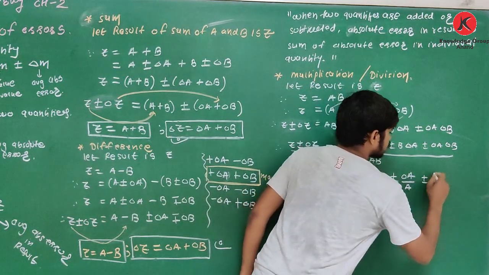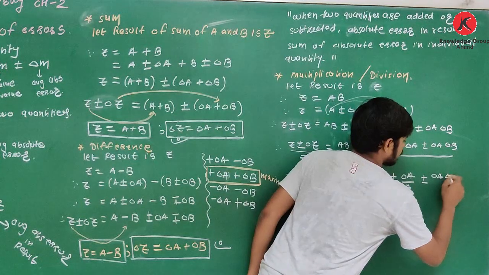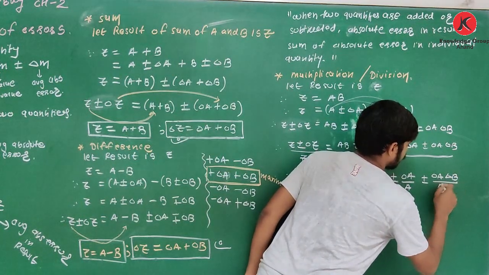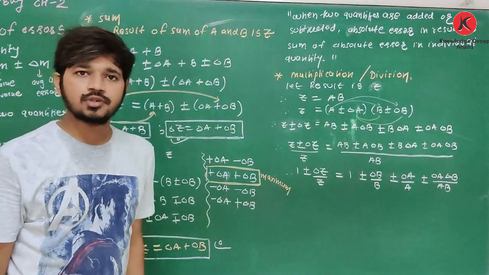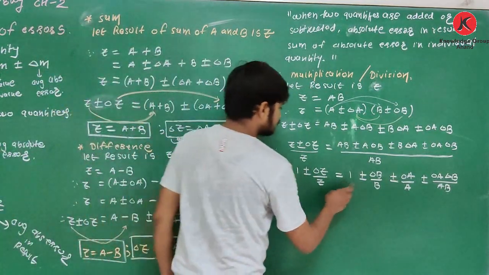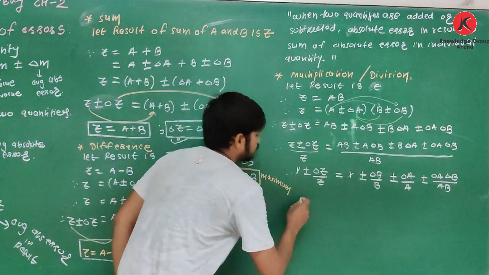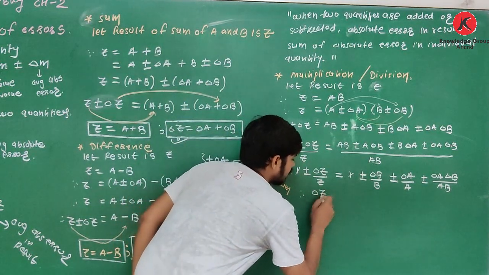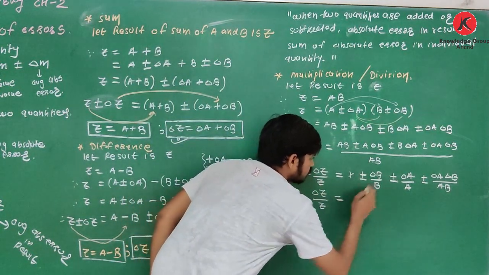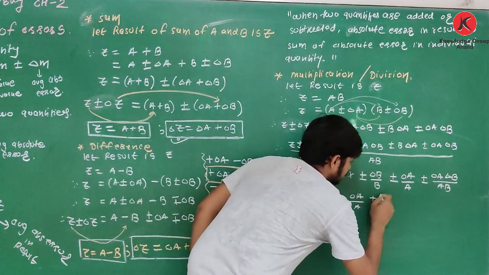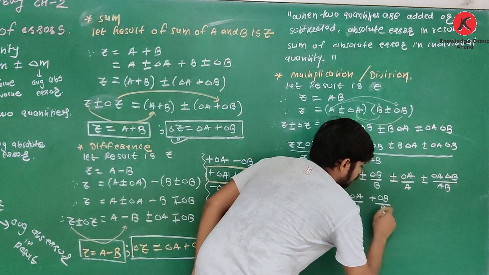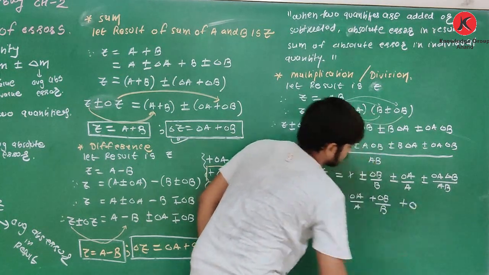Here it is plus or minus delta a delta b upon ab. Okay, so now this 1 and 1 cancel out, so therefore delta z upon z is equal to delta a upon a plus delta b upon b plus 0.